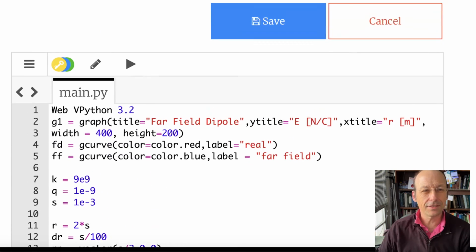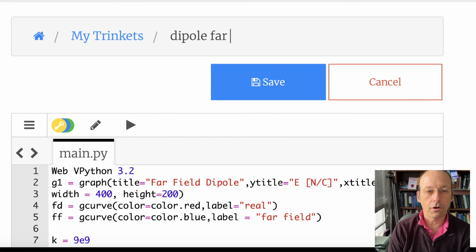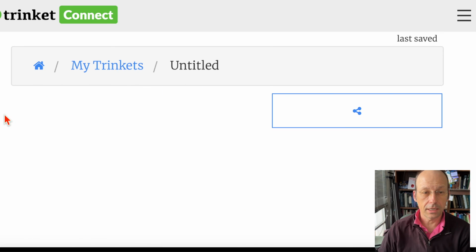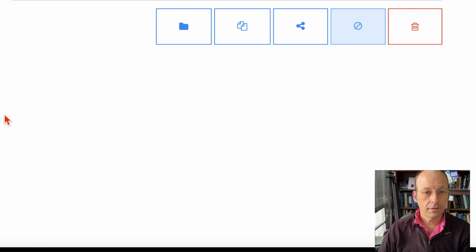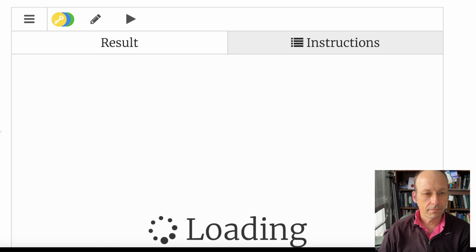This may not work. I didn't even save this. Let's save this. Dipole far field. And I'm going to give you a link to the code. Okay, so it's saved. Where's the code? There it goes. Okay, why is it slow? Something happened.